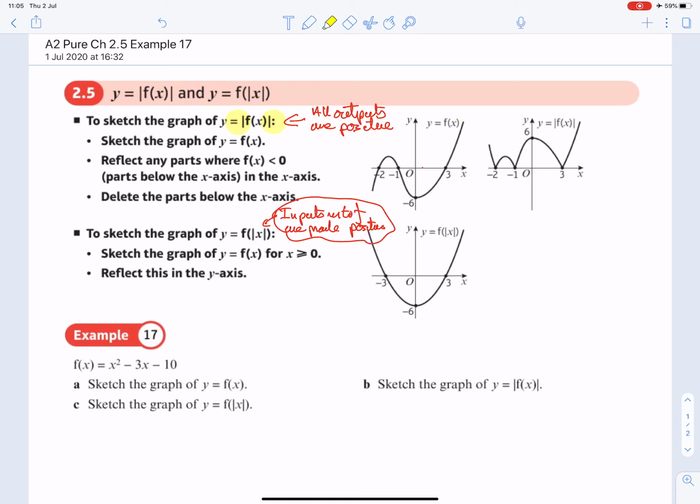So if we come back up here, the inputs for positive x is this section. This bit of the graph is completely unchanged because the x values were positive to start with, so the outputs are the same as they would have been.